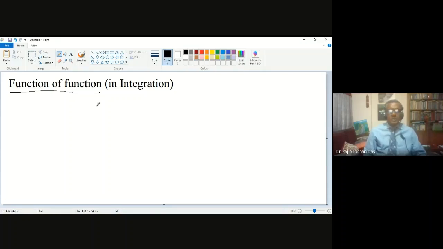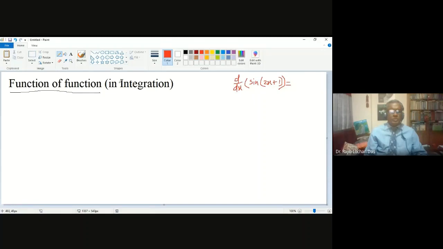Let me remind you, in differentiation, if you have d/dx of sin(2x+1), that is a function of function concept, right? What will the answer be?